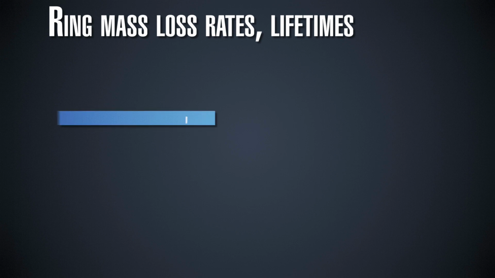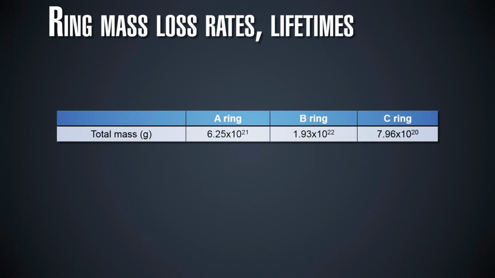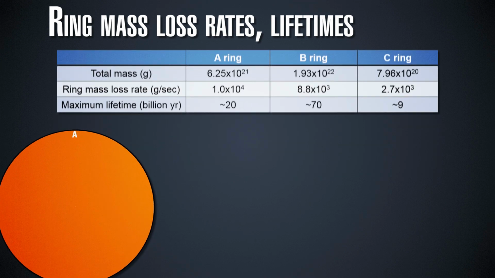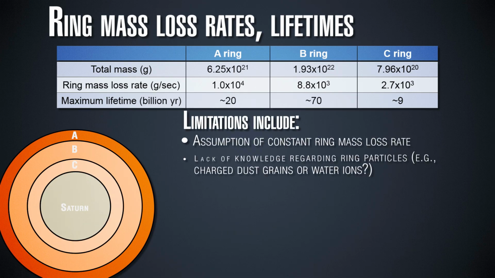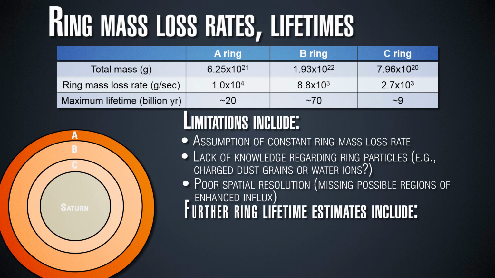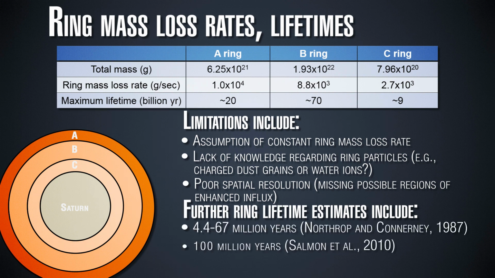So, using those derived water influxes, we can then estimate the rate of mass loss from Saturn's rings. And if we know the rate of mass loss, then we can compare that with the mass of the rings and get an estimate for the lifetimes of the rings. Here I've outlined in a table the total mass in the A ring, the B ring, and the C ring, and then the derived ring mass loss rates in grams per second.